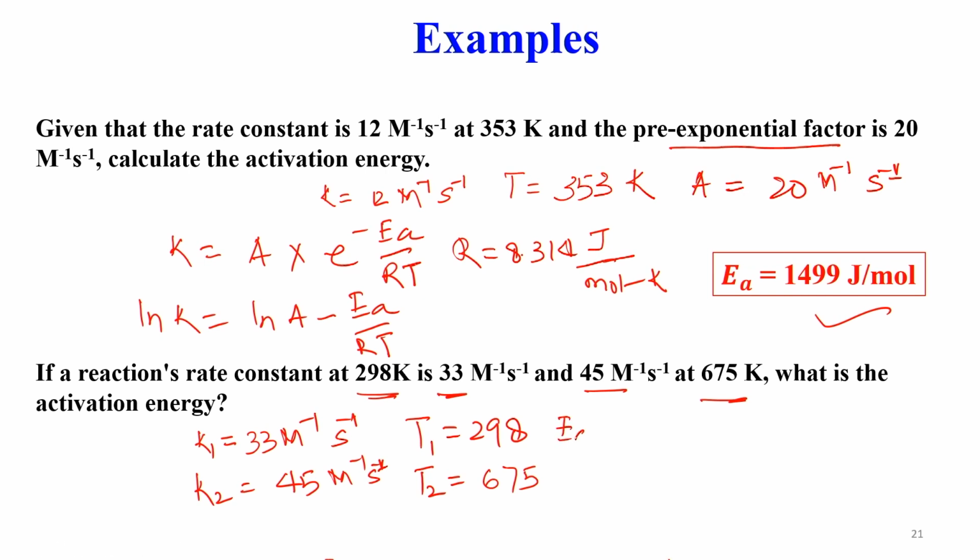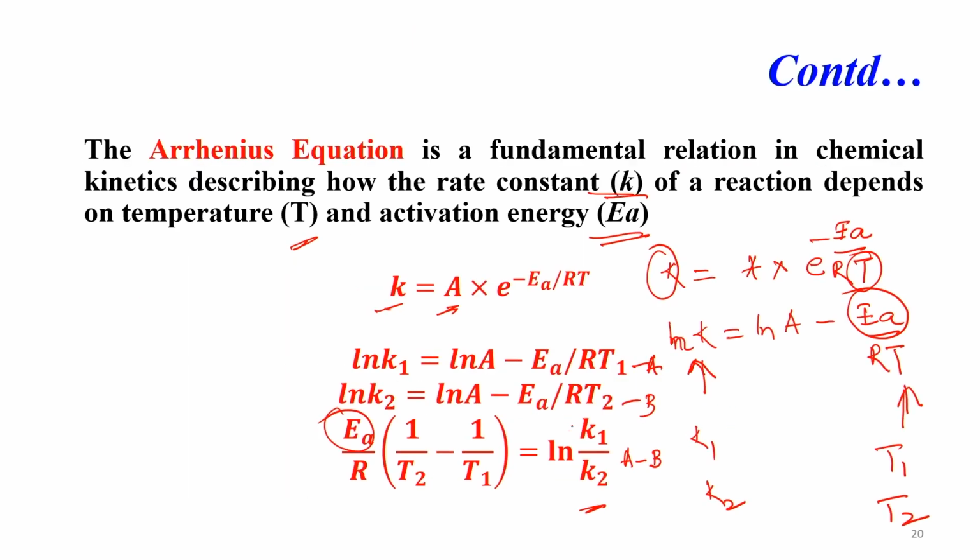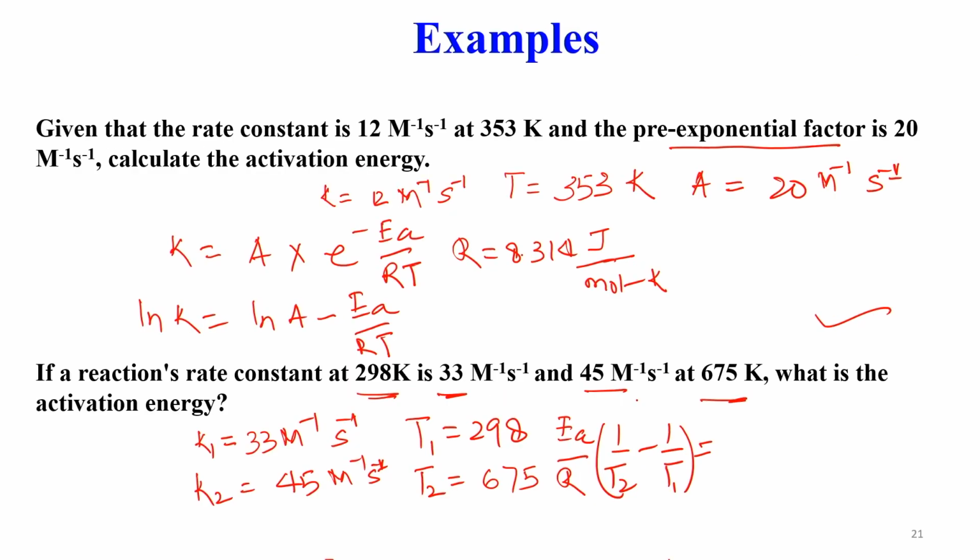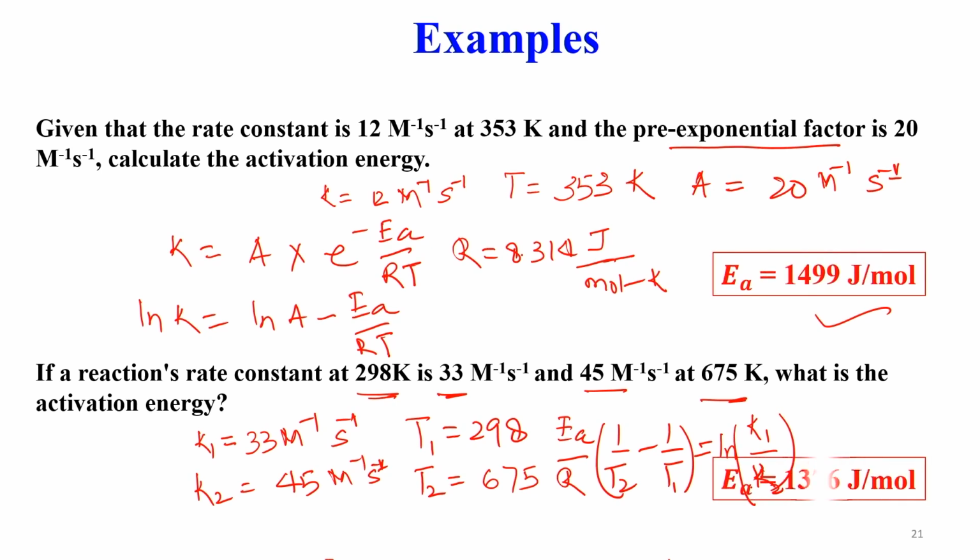It says Ea upon R times (1 upon T2 minus 1 upon T1) equals ln k1 upon k2. All the parameters are known to us. If you apply, you will get the value of Ea as 1376 joule per mole.